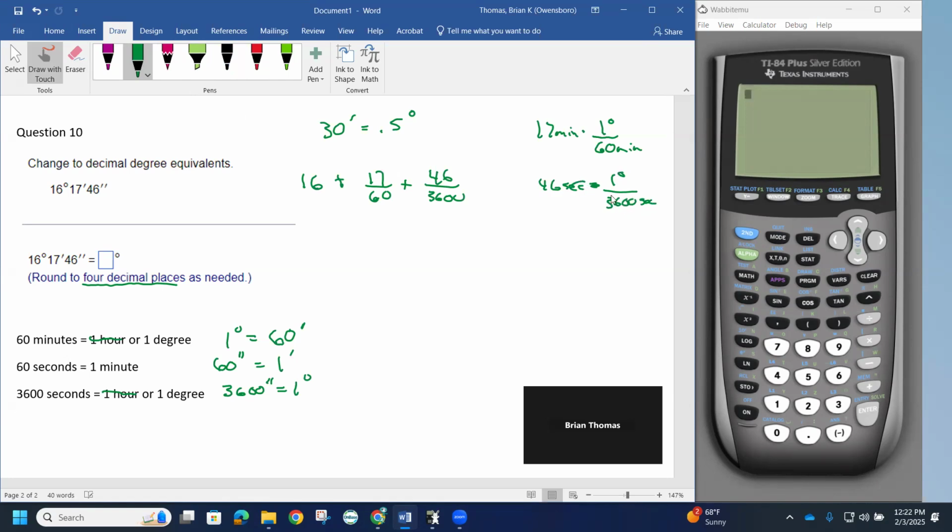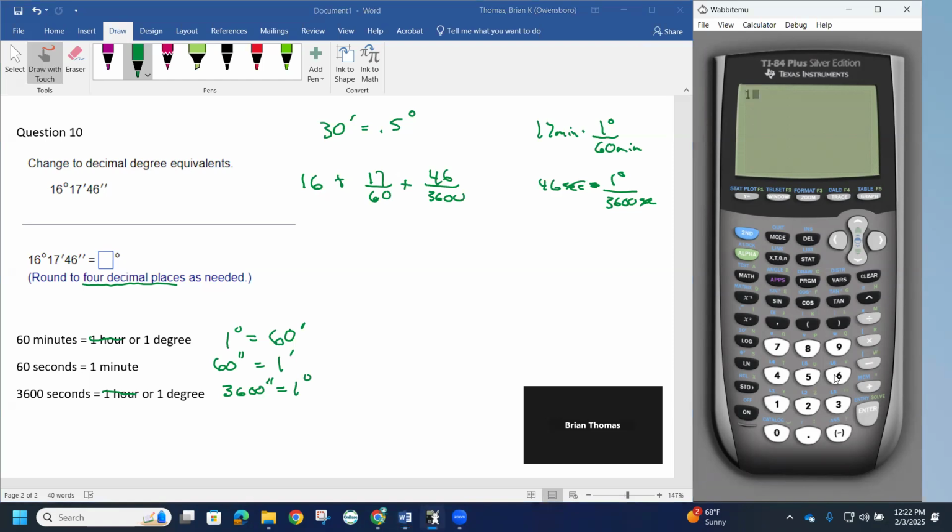Notice how the seconds would actually divide out. So this is going to be 46 divided by 3,600, and we're now left with degrees. If we do this math on the calculator, it'll give us the answer in purely degree form. Right now, it's broken into degrees, minutes, and seconds.